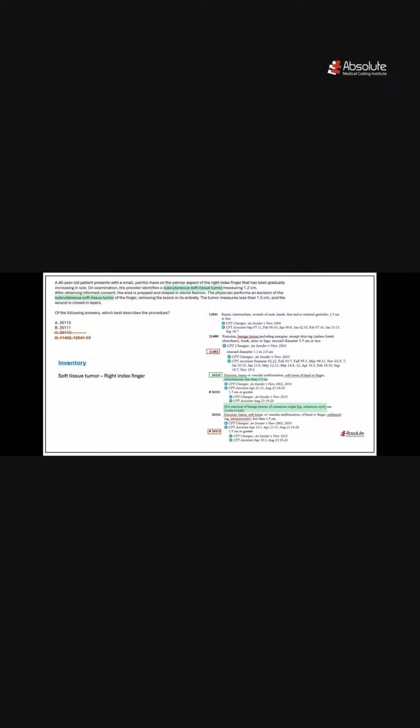It's of a subcutaneous level, and excised size is less than 1.5 centimeter, while 26111 is for excision of 1.5 centimeter or greater. If you read the scenario carefully, you will see that the tumor measure was less than 1.5 centimeter, and that makes option B incorrect, and the correct answer is going to be option A.